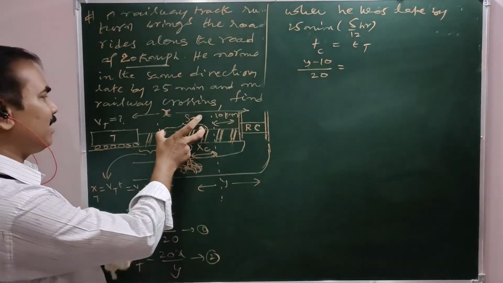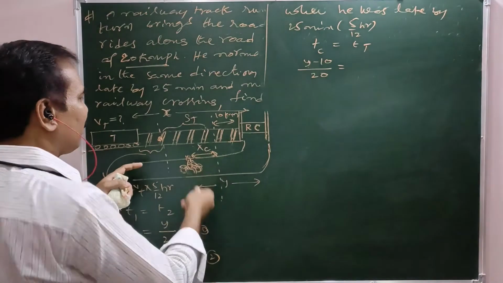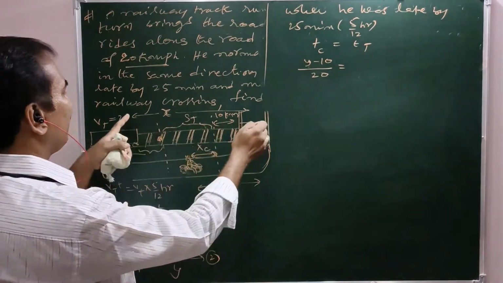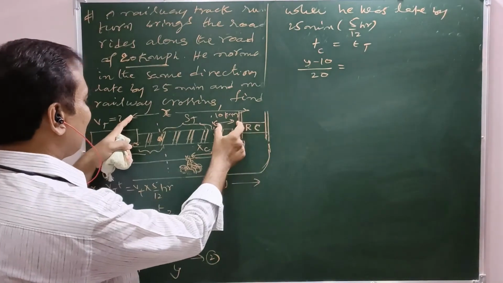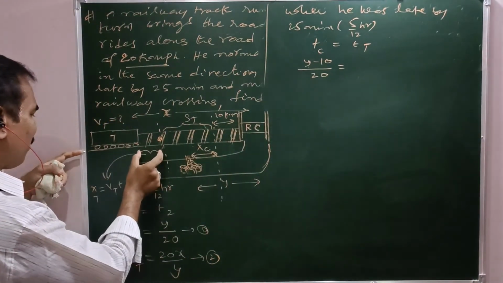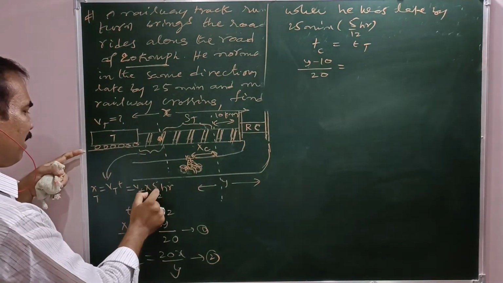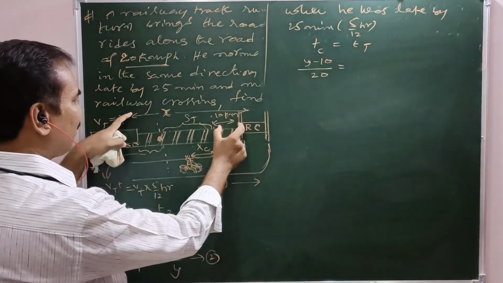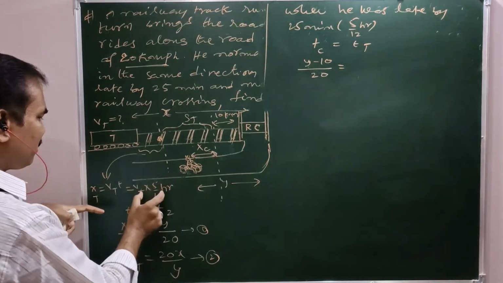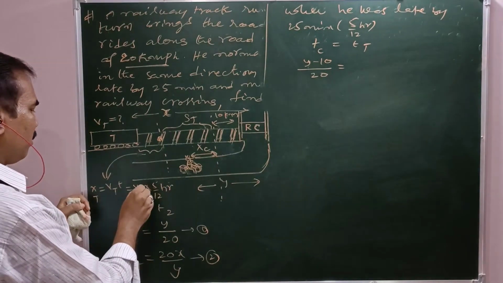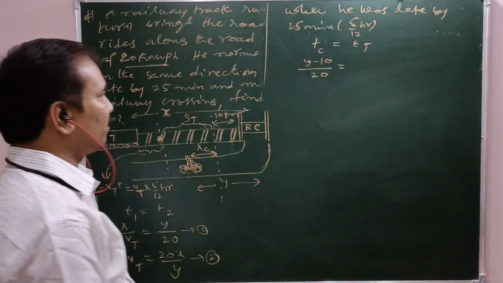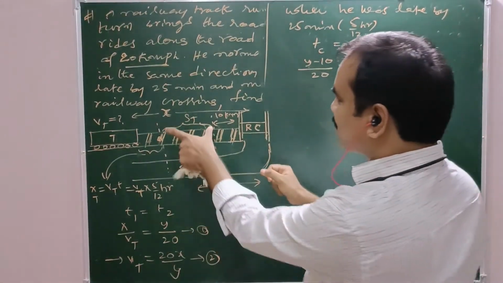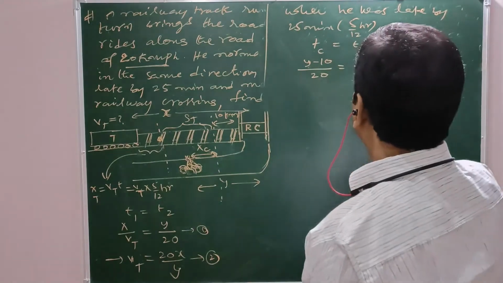What is ST? See, ST is from here to there. ST means x minus 10 minus this amount. What is this amount? Vt into 5 by 12. So ST is x minus 10 minus Vt into 5 by 12.